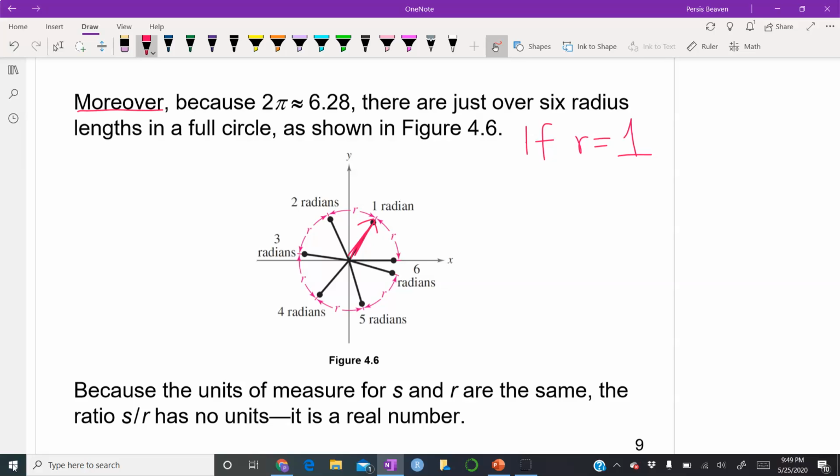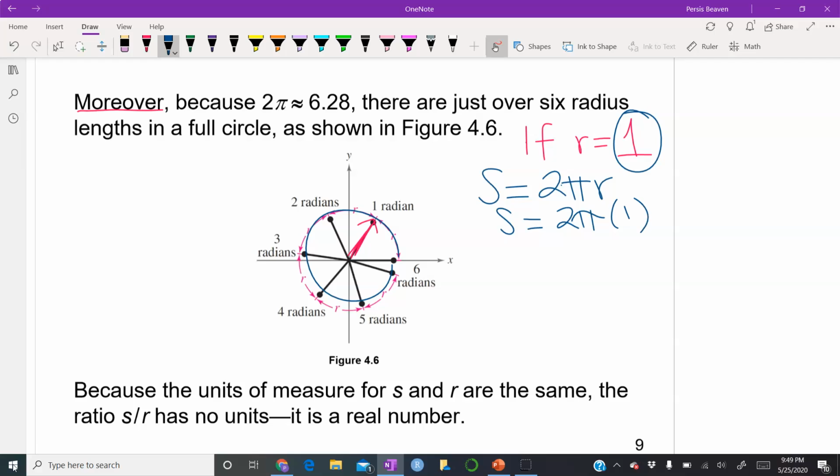So if we say, from the previous slide, the whole circumference of this circle is going to be the whole arc length. The arc length of the whole circle is going to be 2 pi r. And because r is equal to 1, that is going to be 2 pi times 1, which will be equal to 2 pi.